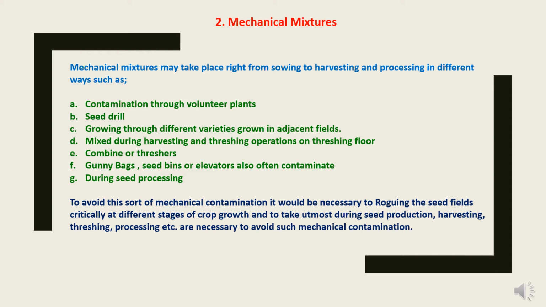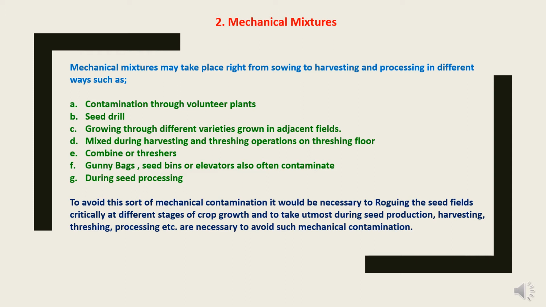So these volunteer plants are the plants of the same crop which are existing in the field from a previously grown season. Means these volunteer plants are germinated plants of the same crop which were previously cultivated. So we have to remove all volunteer plants to avoid any physical mixtures before harvesting.